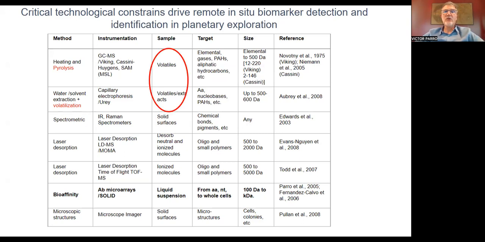So far, the only instruments that have been sent to Mars or other planets for detecting organic matter are based on the detection of volatile compounds, and these volatile compounds are usually produced by pyrolysis or by heating, which is a very inefficient way of extracting organics.